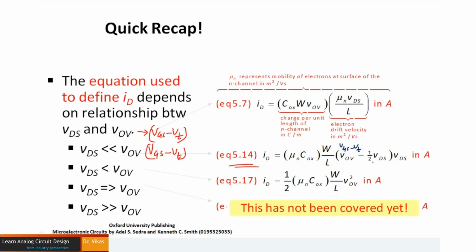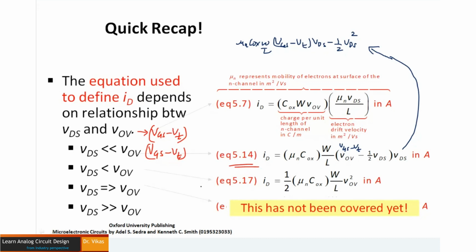Sometimes people club them and simplify it and rewrite this equation as mu n Cox W by L times VGS minus VT times VDS minus 1 by 2 VDS square. They mean one and the same.